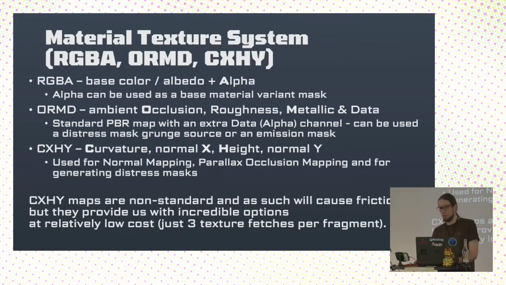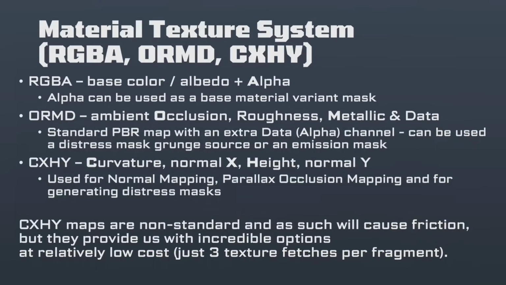I've designed a material texture system with custom texture packing to make it as efficient as possible. RGBA is standard. ORMD is an extension of the classic ORM map that is used in many PBR renderers, which is occlusion, roughness, metallic. And then I use the alpha channel, call it data, and we can use it for different things.